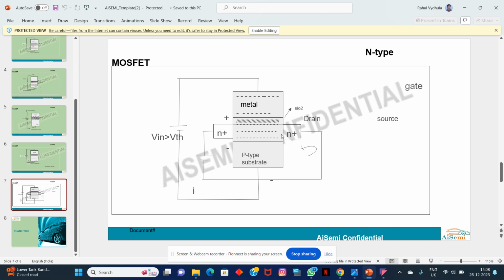The electrons move into the P-type semiconductor. Then the depletion region will decrease. It helps the current to flow.